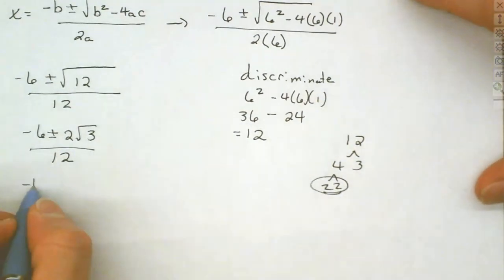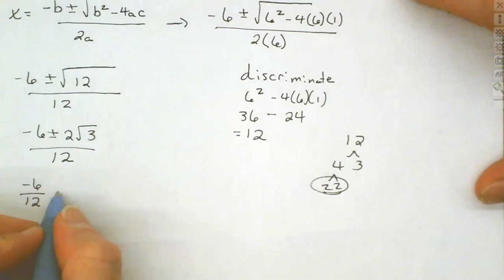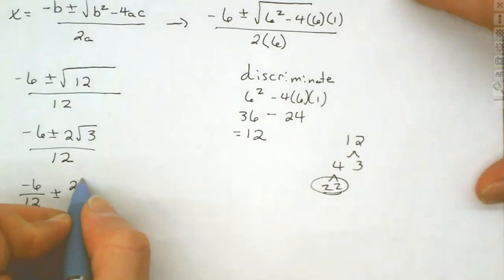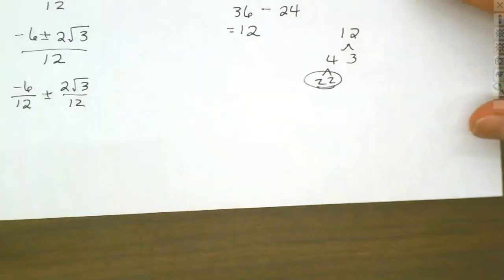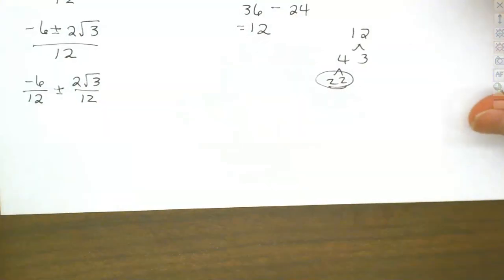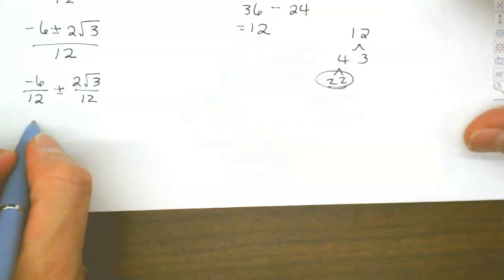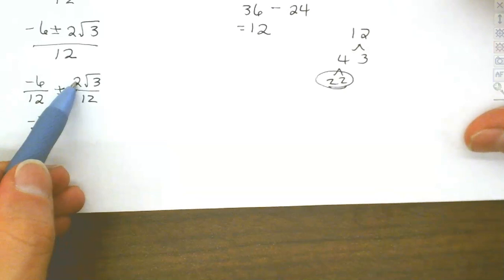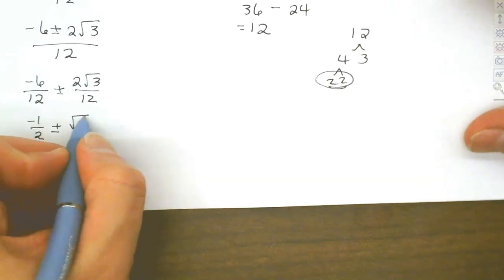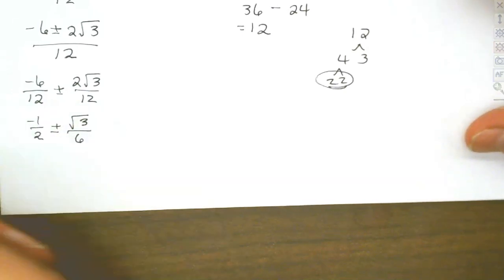Splitting this up, we have a minus 6 over 12 plus or minus 2 square root of 3 over 12. Okay, and 6 over 12. Yep, reduce that down to a minus a half. 2 and 12 reduces down to a 6 down below.